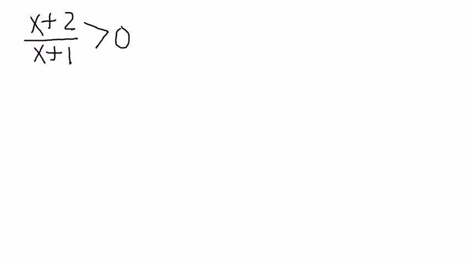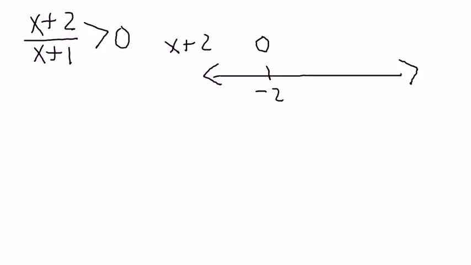To help me determine that, I'm going to draw this little number line chart, and I'm going to put my signs in. The numerator has a 0 at negative 2, so I'm going to put that in. I put my little x plus 2 over there. And then the denominator, x plus 1, has a 0 at negative 1.